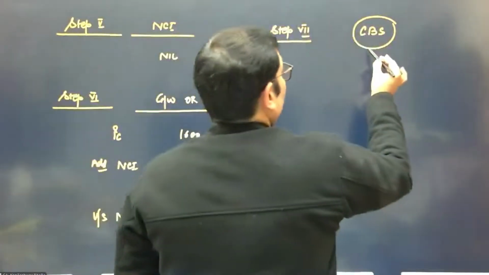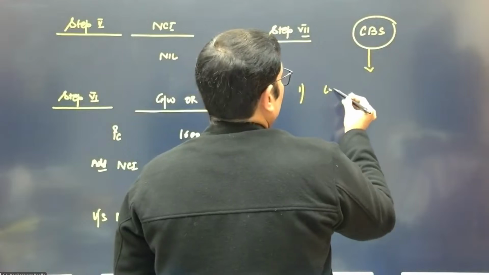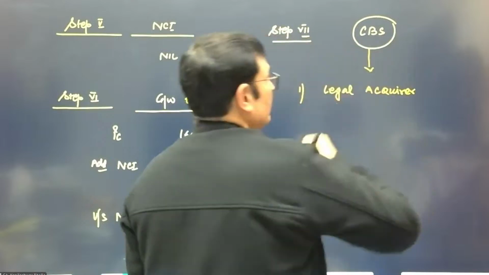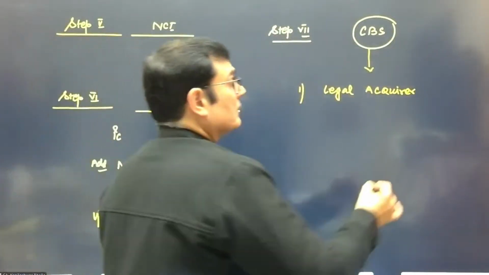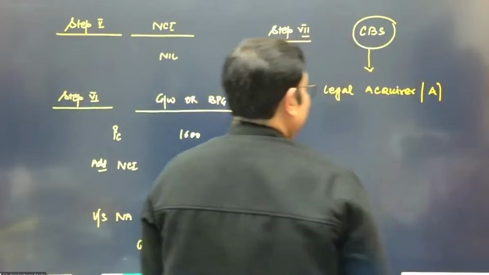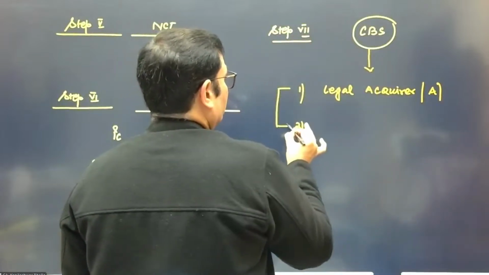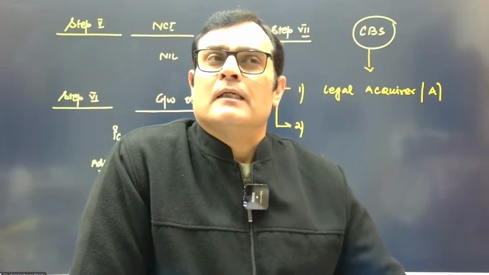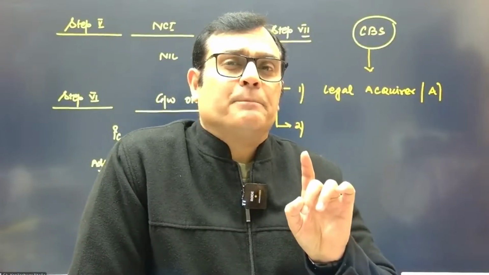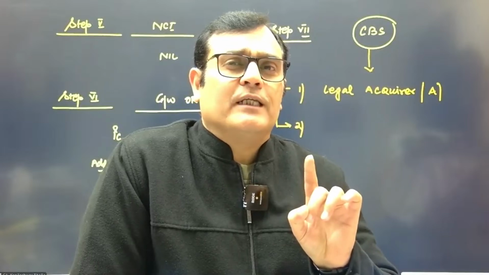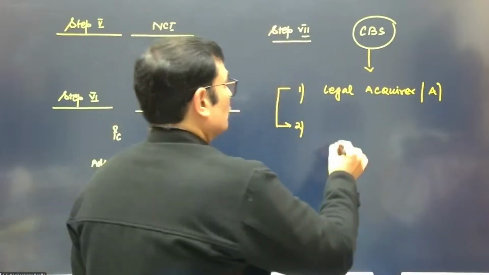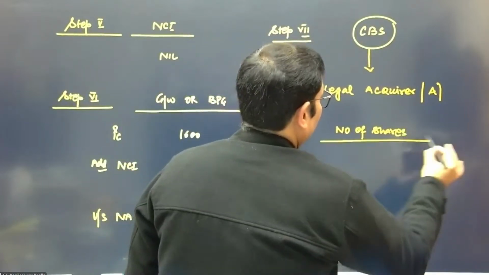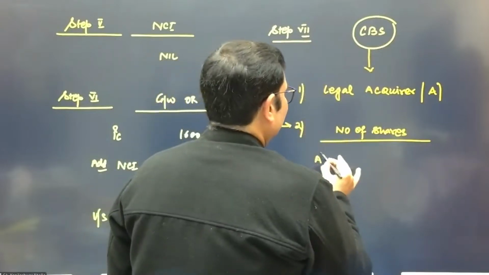So when you're making the consolidated balance sheet, you need to make it from the legal acquirer's point of view. This consolidated balance sheet is going to be prepared by A. Since it is going to be prepared by A, there is one important caution to be kept. The number of shares appearing in the balance sheet has to be from the point of view of the legal acquirer. So we will take the number of shares from A's point of view.